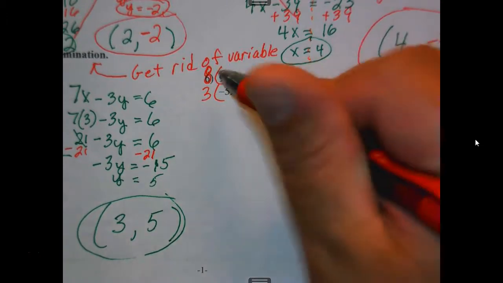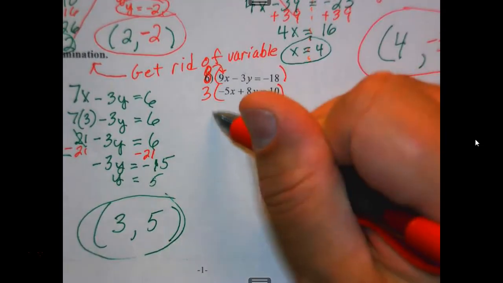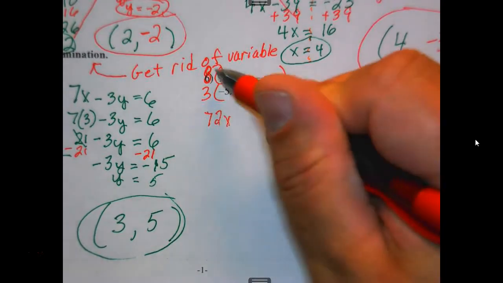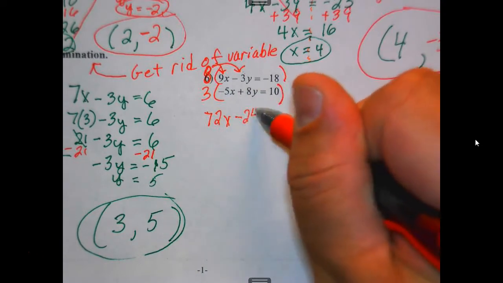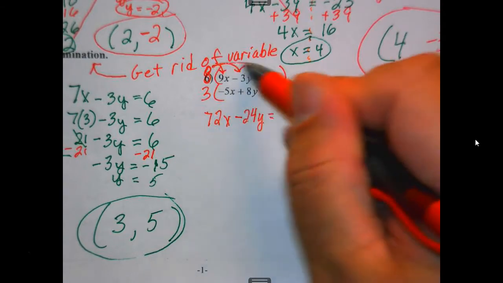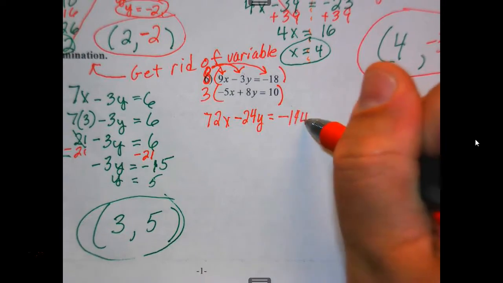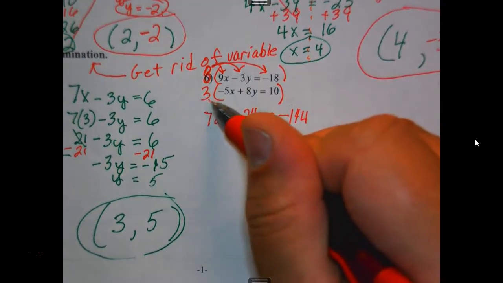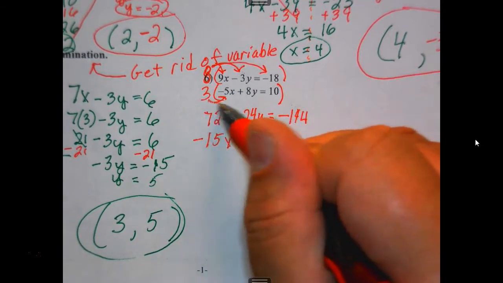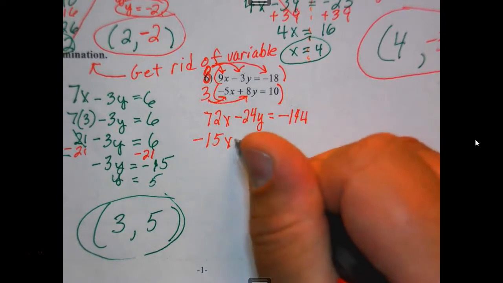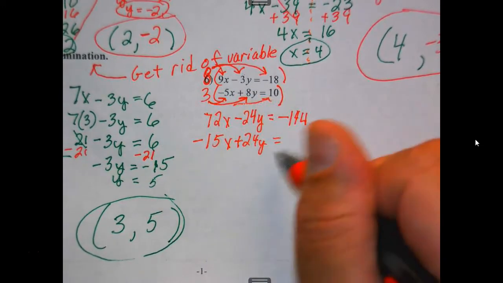So let's go ahead and distribute. 8 times 9x, 72x. 8 times negative 3y, negative 24y. 8 times negative 18 is negative 144. 3 times negative 5x, negative 15x. 3 times 8y is plus 24y, and 3 times 10 is 30.